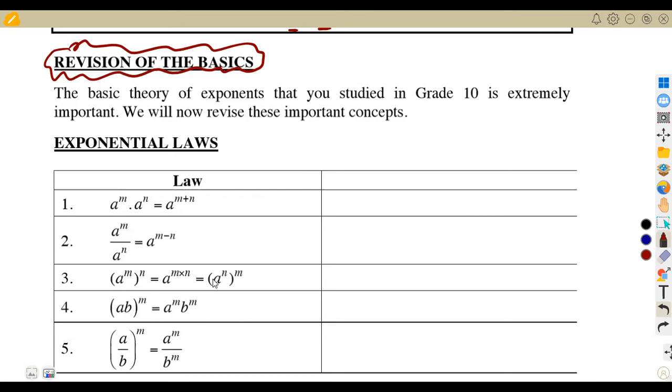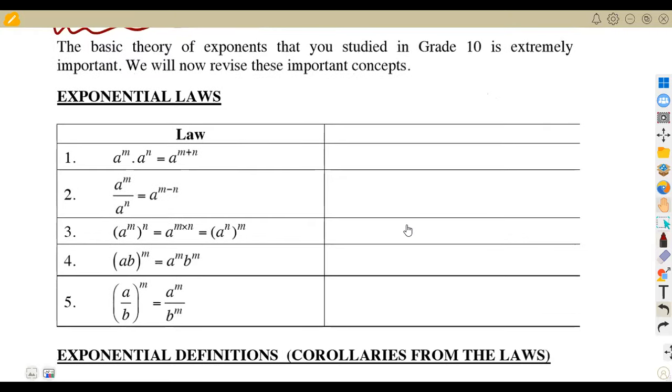I'm just going to explain the laws as given, then work with questions that are particularly in our syllabus. For the recap of your exponents, make sure you watch the grade 10 videos.